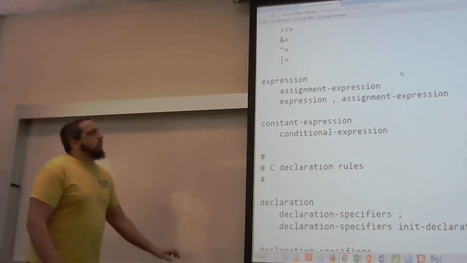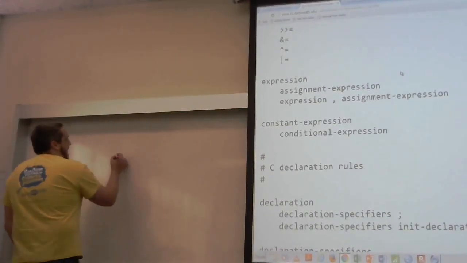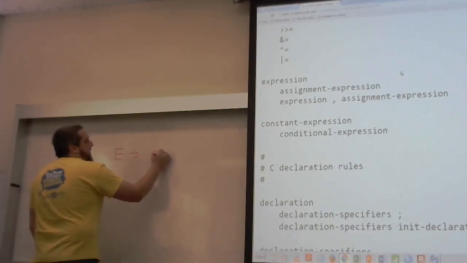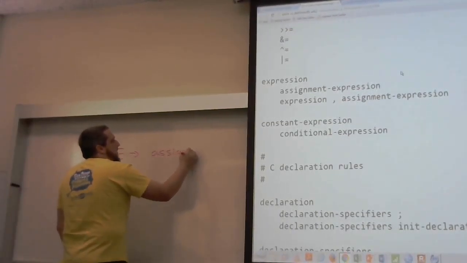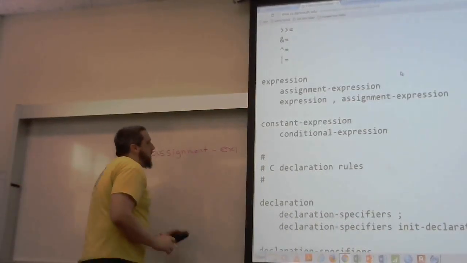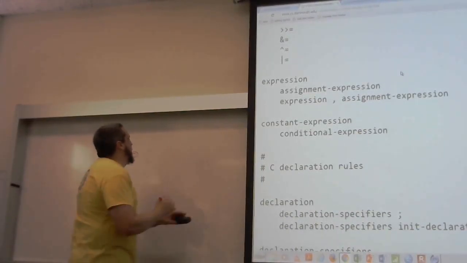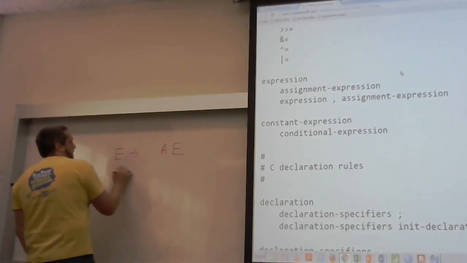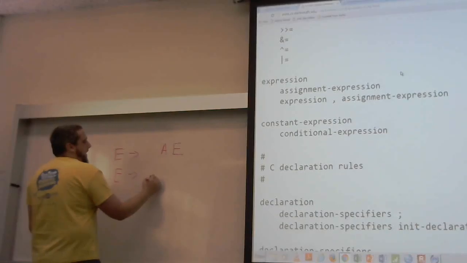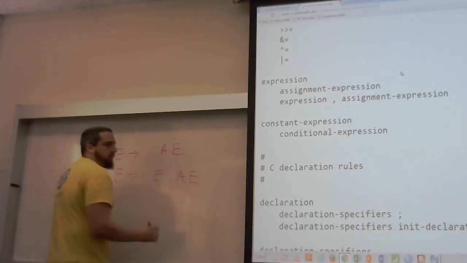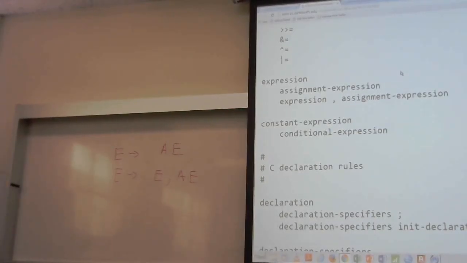When we're trying to read this, what we're saying is E, an expression, can become either an assignment expression. Let's do an AE for assignment expression. Or E can become an expression followed by an assignment expression. Either one of those things are acceptable.